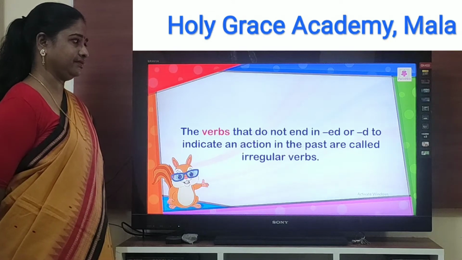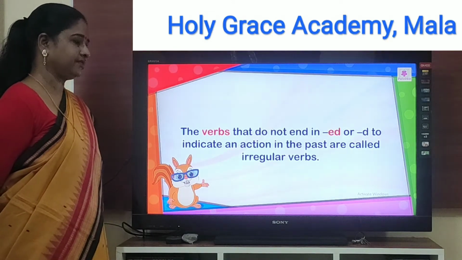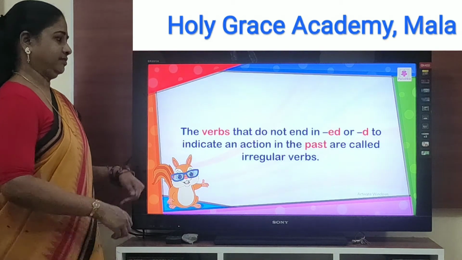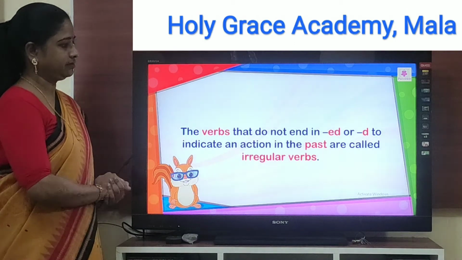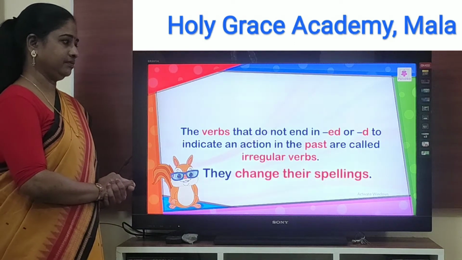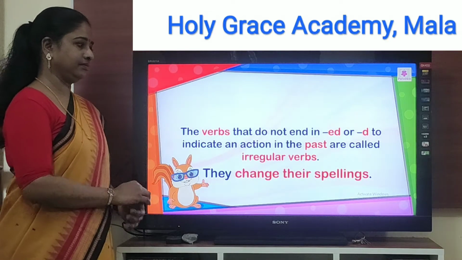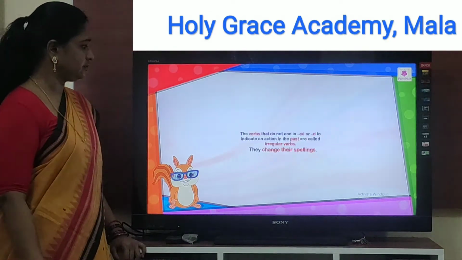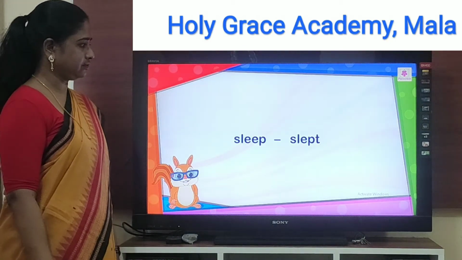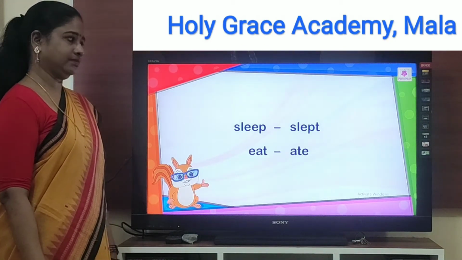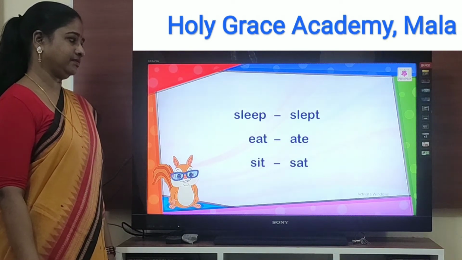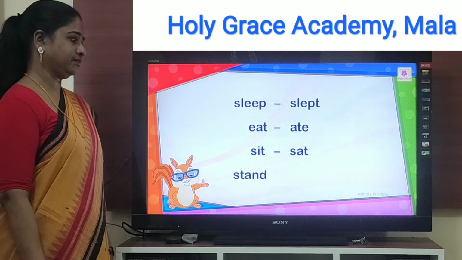The verbs that do not end in ed or d to indicate an action in the past are called irregular verbs. They change their spellings. For example, sleep, slept, eat, ate, sit, sat, stand, stood.